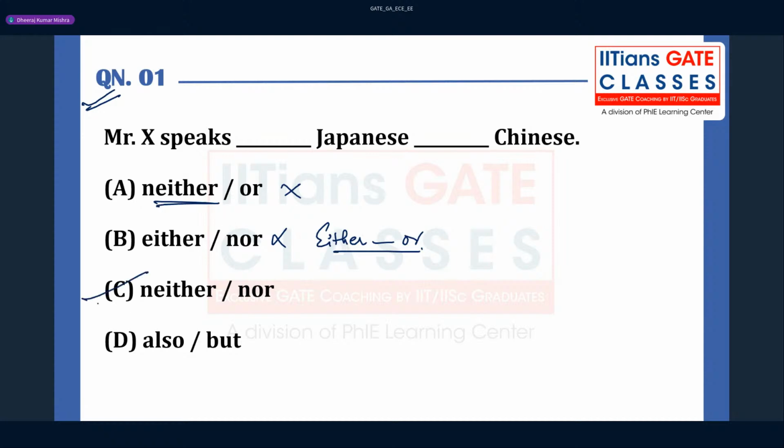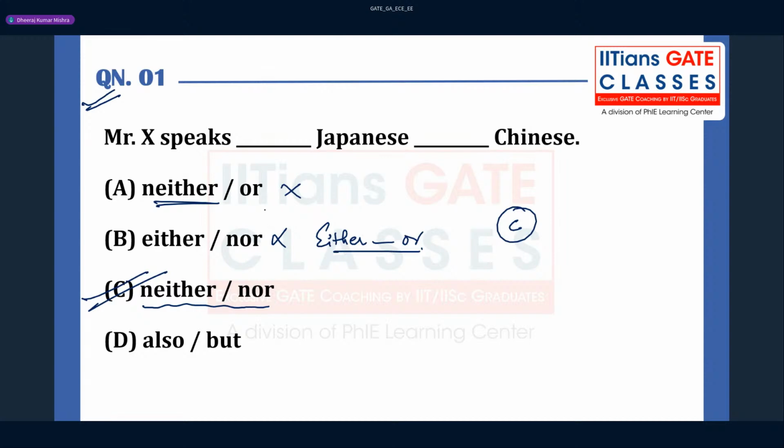So this can be the correct answer here: neither nor. So Mr. X speaks neither Japanese nor Chinese. So option C will be correct for this question. If you know these pairs, neither nor, either or, then you can get the correct answer. This question demands 5 seconds to answer. So we'll move to the next question.